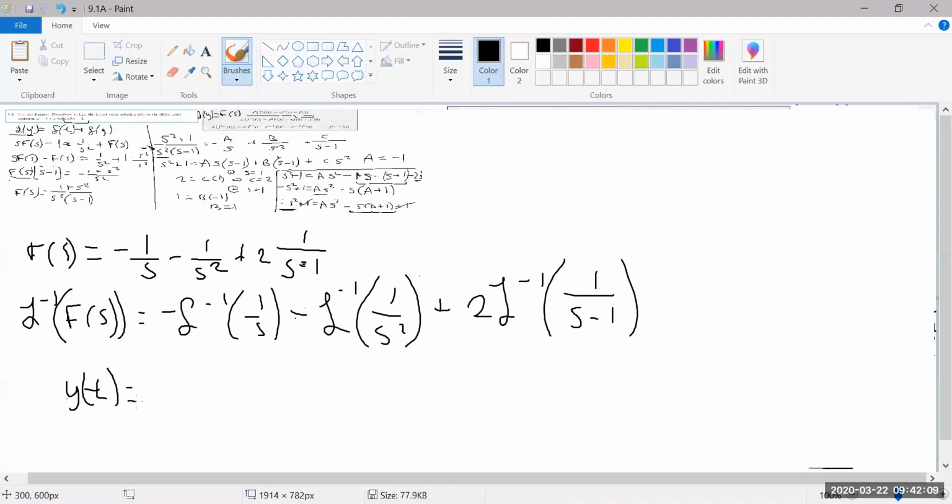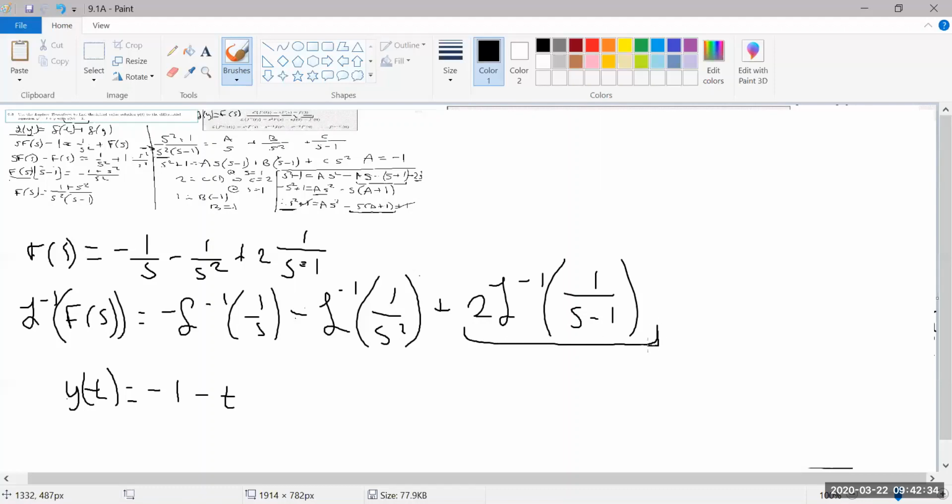The inverse Laplace transform of 1 over s is just 1, but we don't forget about this negative sign, so we get a negative 1. And then the inverse Laplace transform of 1 over s squared gives you t, and don't forget about your negative sign, so we have negative 1 minus t, and then we have to deal with this, which is slightly more complicated.